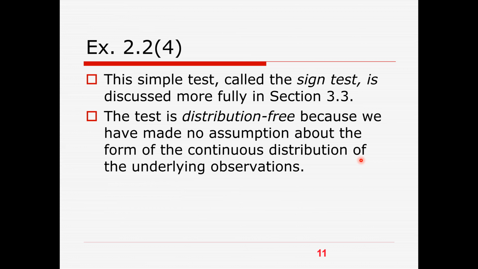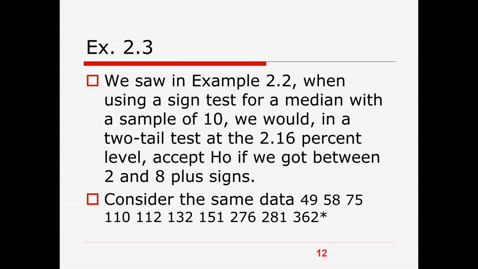So let's look at another example to see this imprecision. Example 2.3. Again, use the same data set, in which one of them is censored.